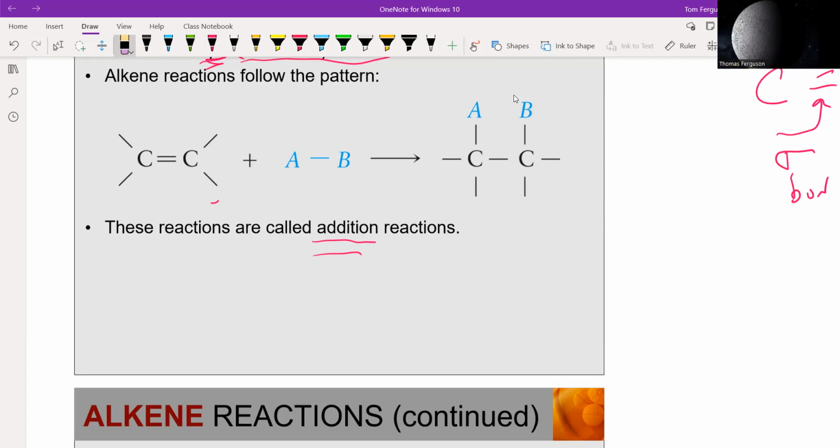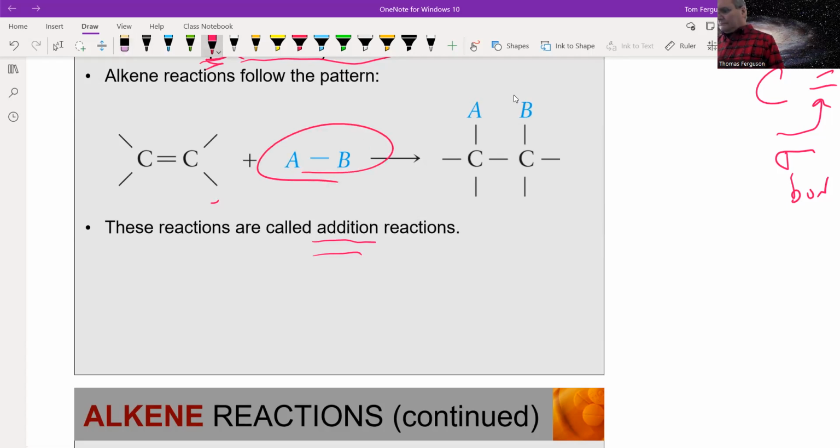Its purpose in life is to become more stable. How does it do that? A number of different ways. One way is to convert the pi bond into a sigma bond. You can do that by adding something across the double bond. And because we're adding it across the double bond, it's called an addition reaction.